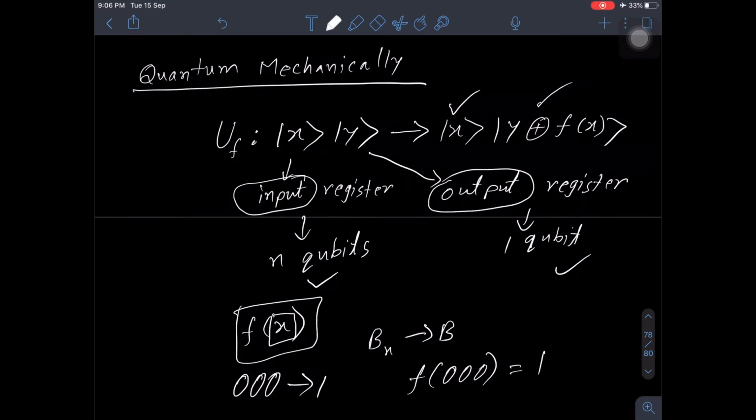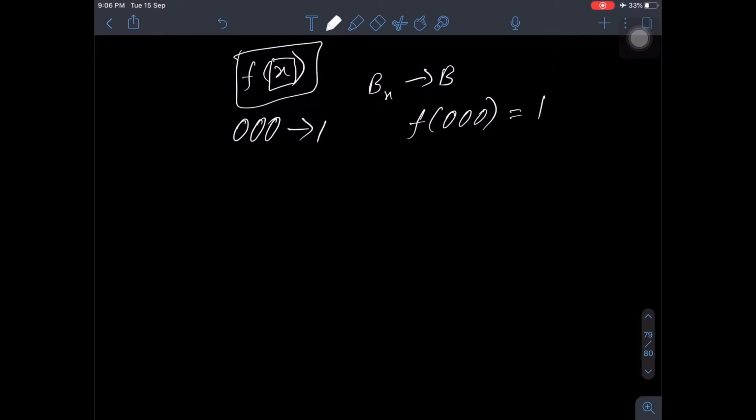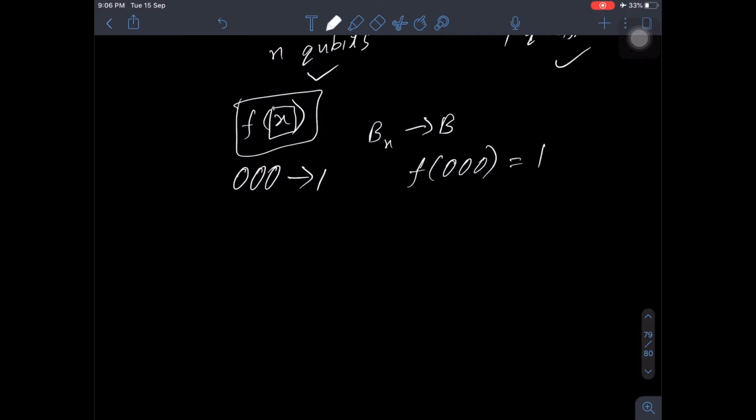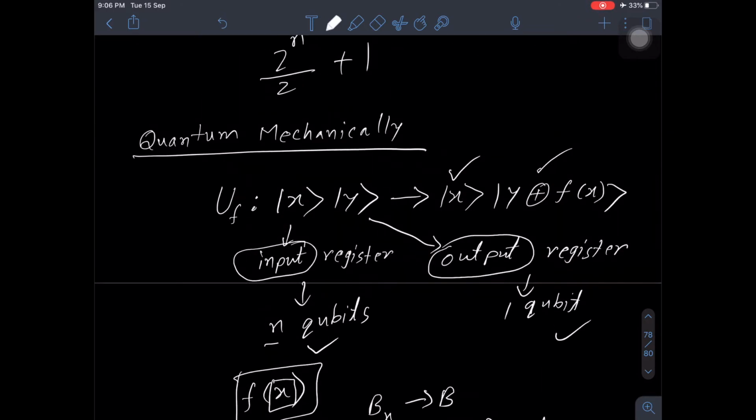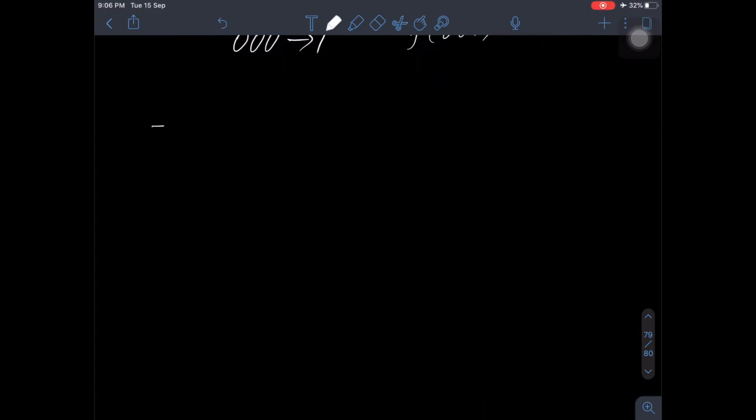Okay, so we will have to draw a circuit, and you have already done some tutorials on circuits. So we will start. You can already see that I'll need n qubits here and 1 qubit here. Okay, so let's try to draw a circuit. So you will initiate, as Soumitra already explained to you, that if you initiate a qubit, it will always be in the 0 state.